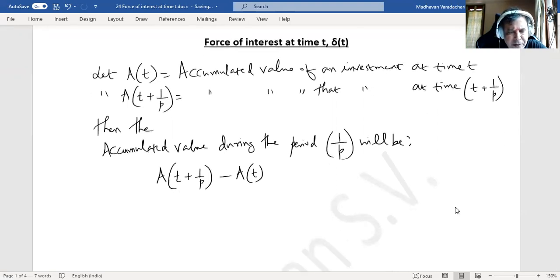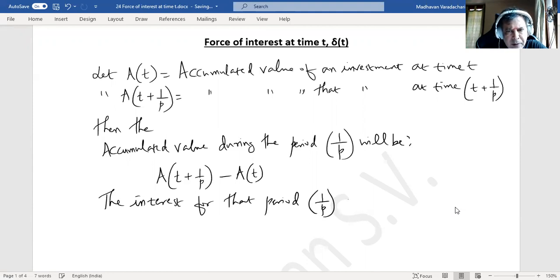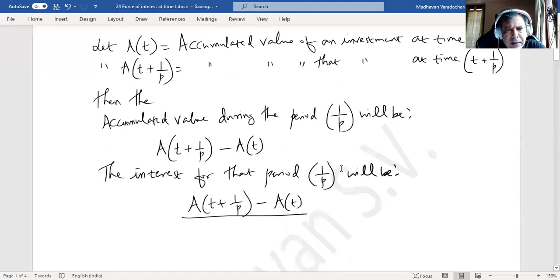So that means the interest for that period 1/p will be whatever is the accumulated value during that period 1/p divided by the original accumulated value at time t, which will be a(t + 1/p) minus a(t) divided by a(t), the initial accumulated value at time t.